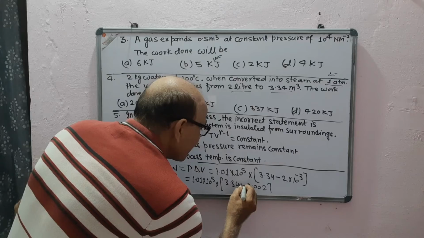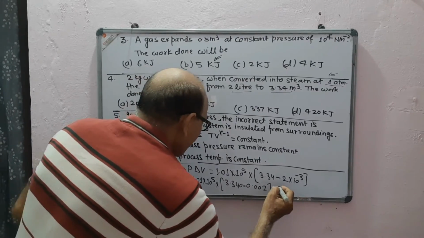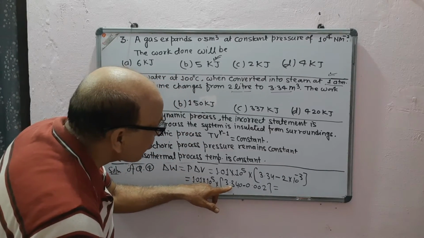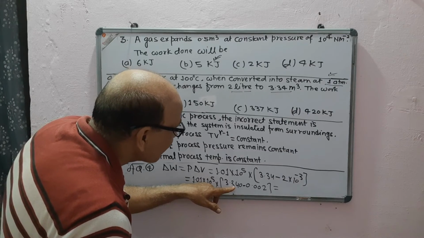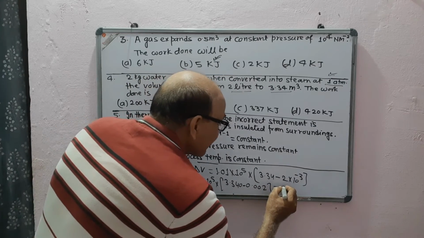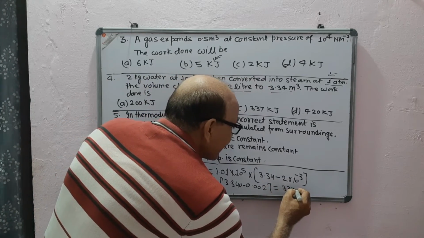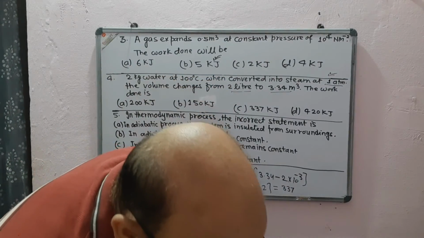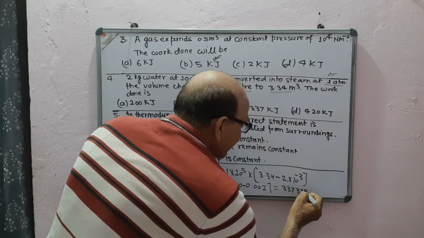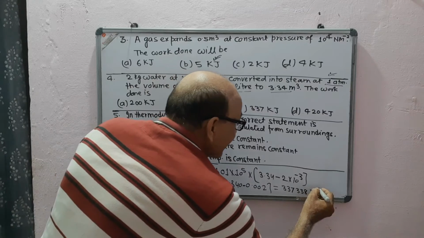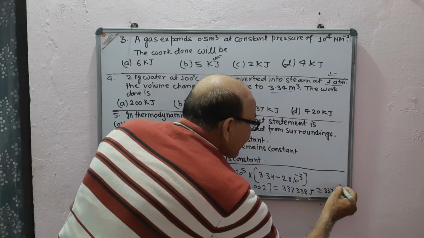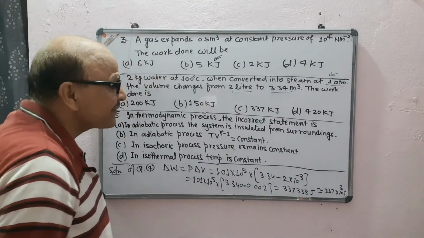So this gives 1.01 into 10 to the power 5 into 3.338, and on simplification this gives nearly 337 into 10 to the power 3 joule, and 10 to the power 3 joule is kilojoule.